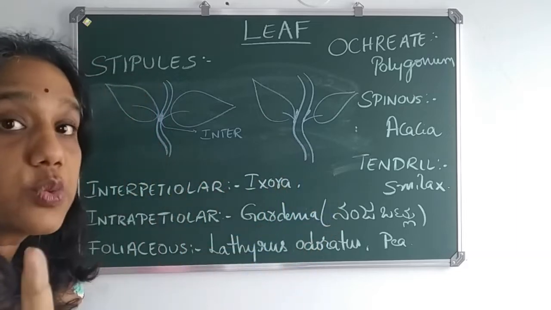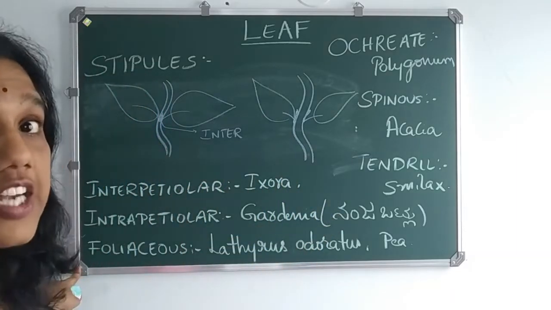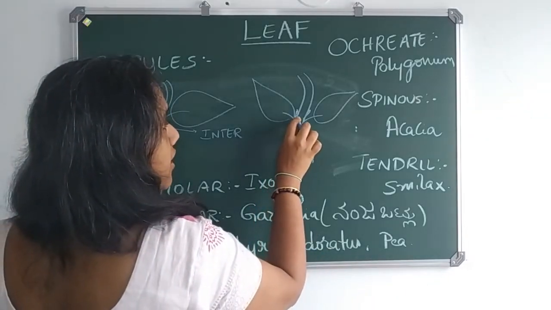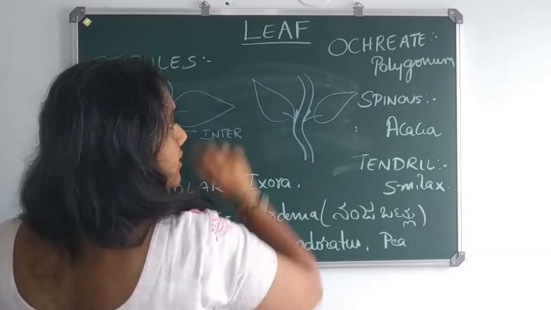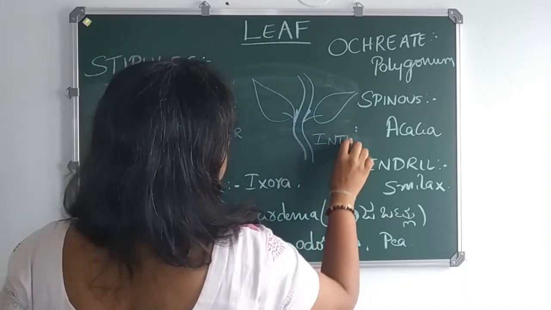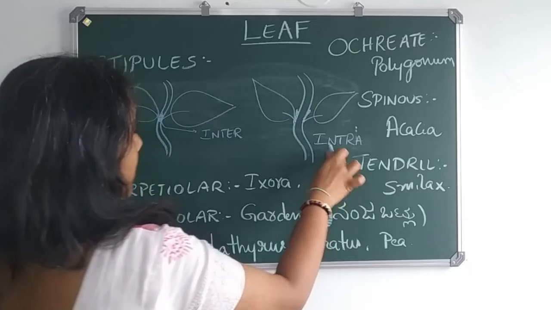Please don't get confused with the free lateral stipules. The free laterals are not attached to the stem, but here the stipules present between the petiole and the stem get attached to the stem. This is intrapetiolar, and this is interpetiolar.